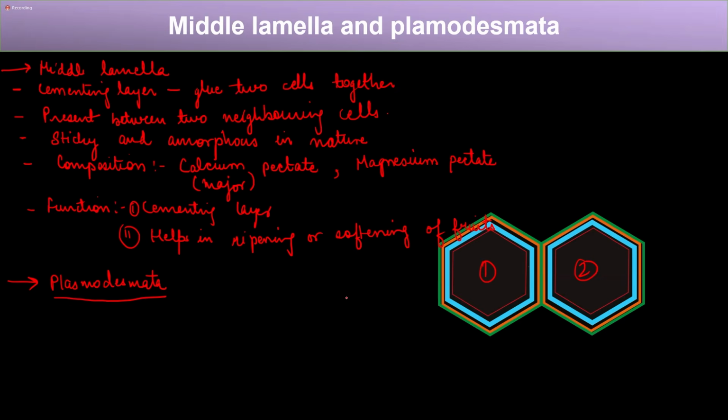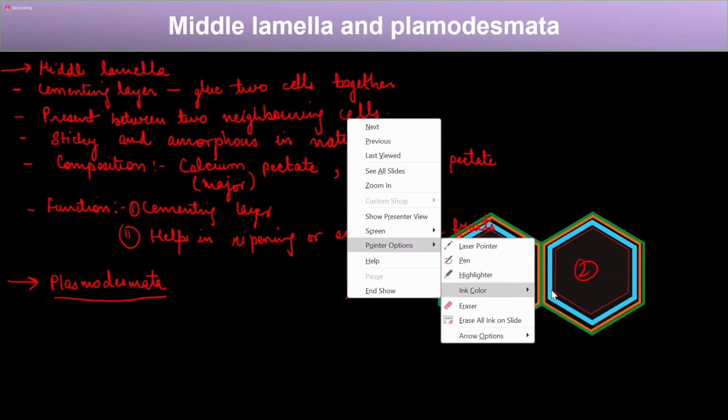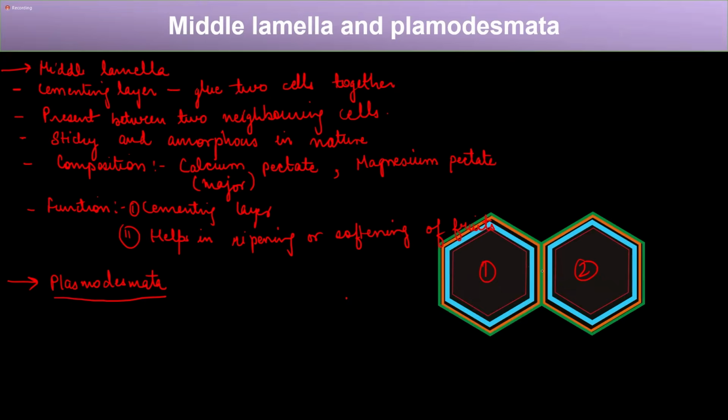Now, there are certain regions where the middle lamella will be absent, and this region will form plasmodesmata.